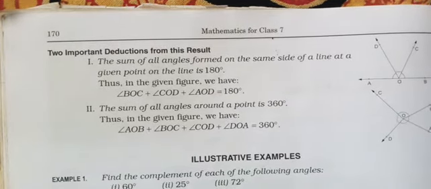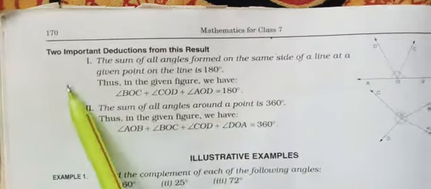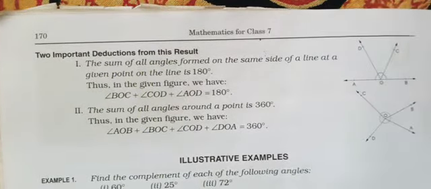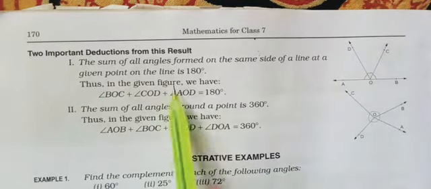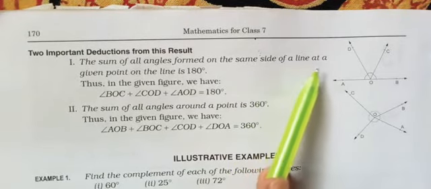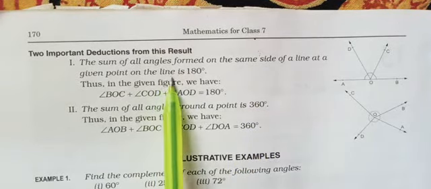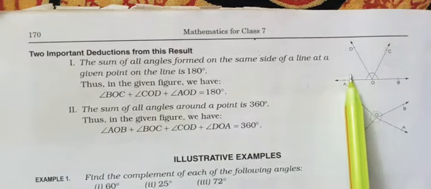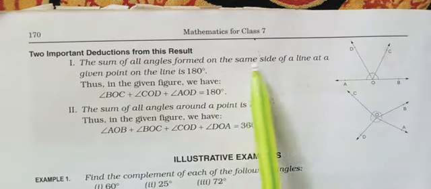Next, come to two important deductions from the result. The first deduction: the sum of all angles formed on the same side of a line at a given point on the line is 180 degrees.